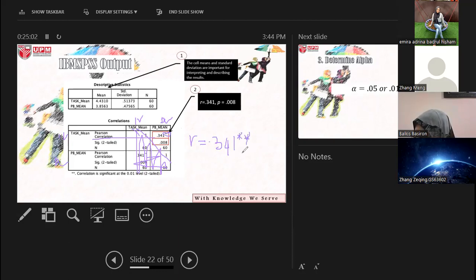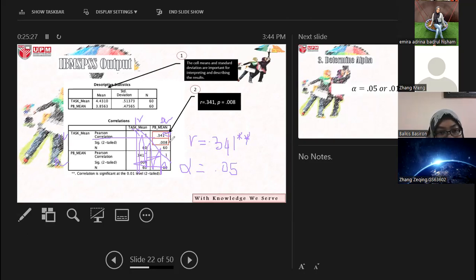Okay, the significant value is 0.0. Sig totally referring to the significant value. So the result is significant at 0.008. If let's say you set your alpha at 0.05, meaning that this is significant or not?